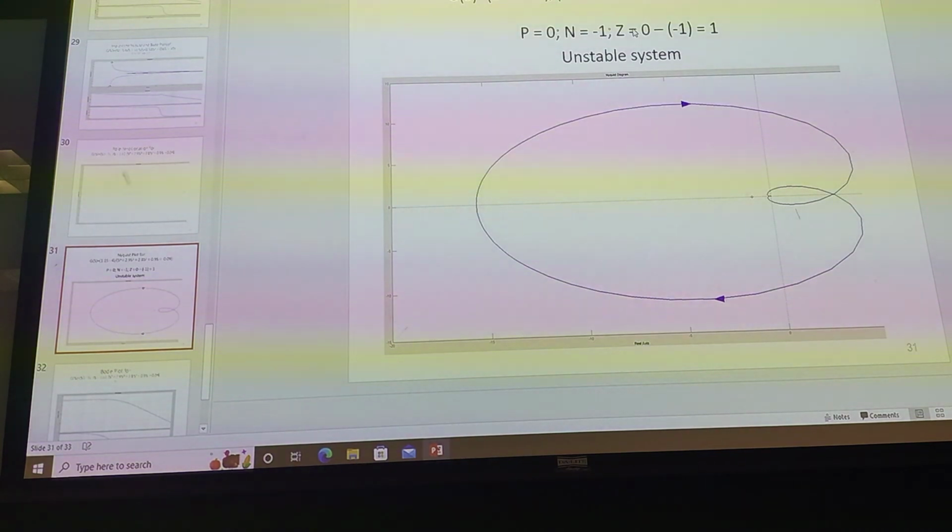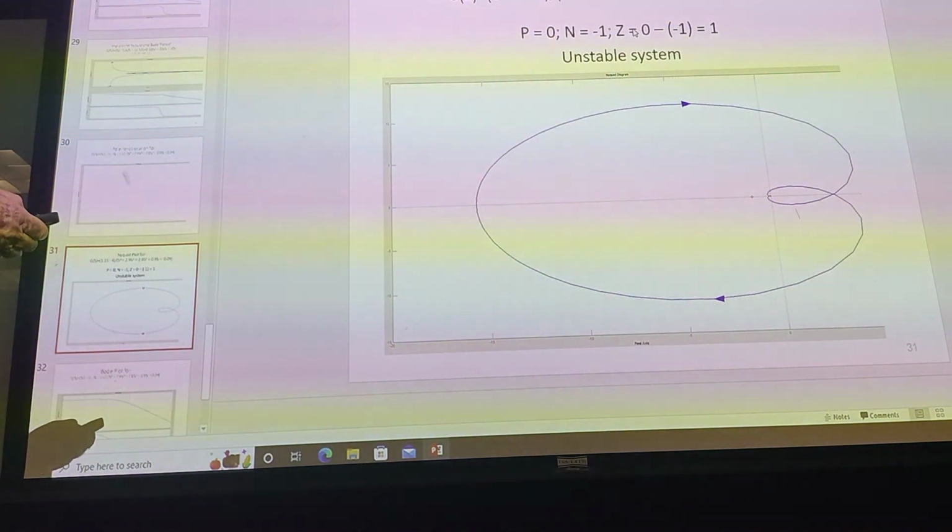Let's see this other situation. We have the Nyquist plot for this. We have one pole on the right half of the plane, and the 4 poles on the left half part of the plane.